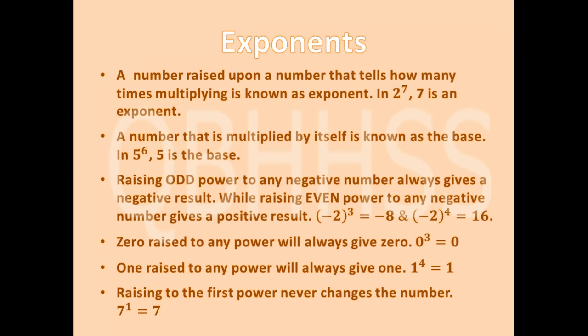Next, 0 raised to any power will always give you 0, like 0 to the third power equals 0. Next, 1 raised to any power will always give 1, like 1 raised to the 4th power equals 1. Last, raising to the first power never changes the number, like 7 to the first power is 7.